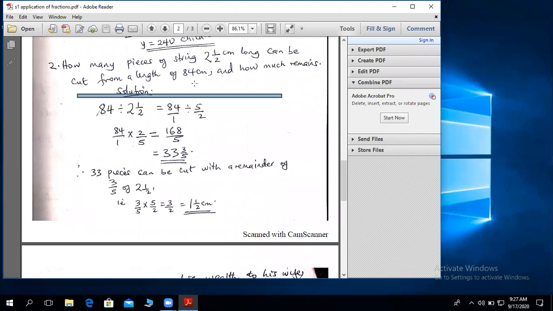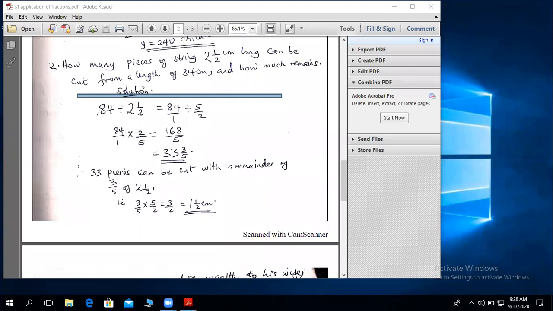So we are asking how many strings of 2.5 centimeters can be produced from this. I think that is clear that you have to divide. And when you divide, you get 84, and you divide by 2.5, to get how many?